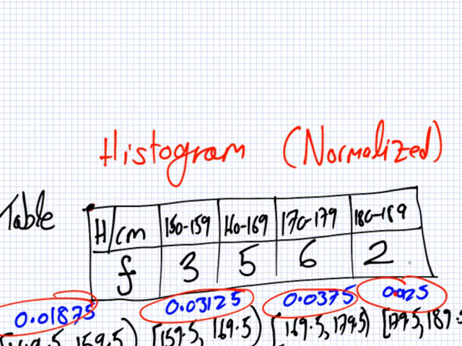No, you don't. Where's 155 on the table? You have 150 to 159 and 160 to 169, but you don't have 155 to 165.